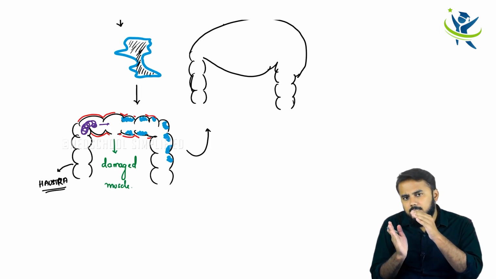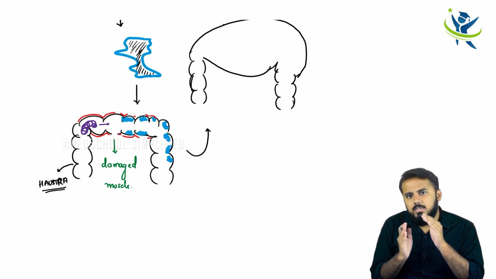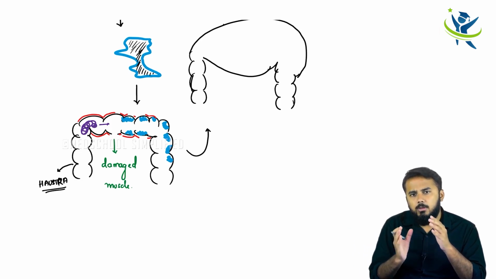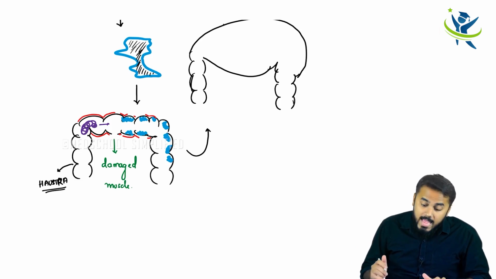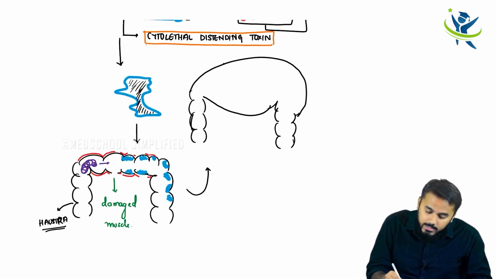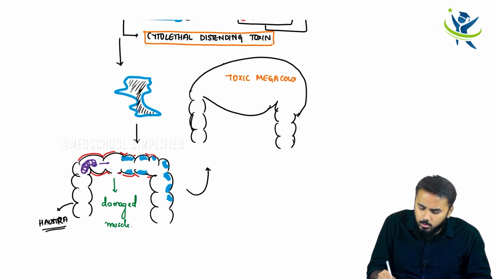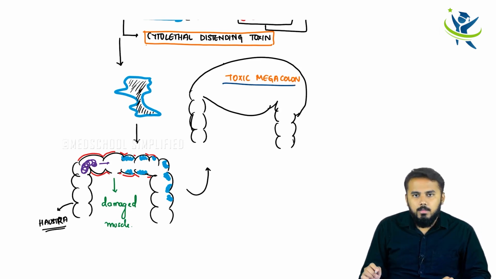So the intestine remains in a standstill position. There is stasis of the intestine. So the food cannot move forward; it starts accumulating, leading to a distended colon. And this colon which I have written here in front of you is called toxic megacolon, right?